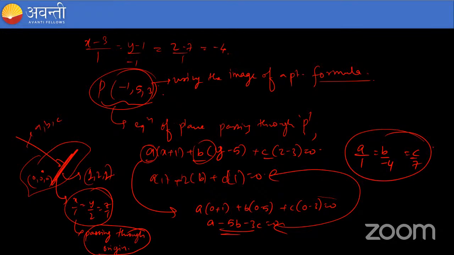So the equation of the plane will be a times (x plus 1) plus b times (y minus 5) plus c times (z minus 3) equals 0.